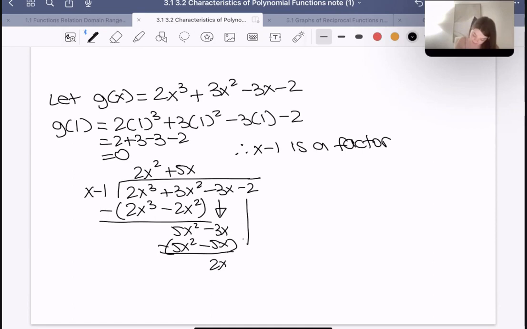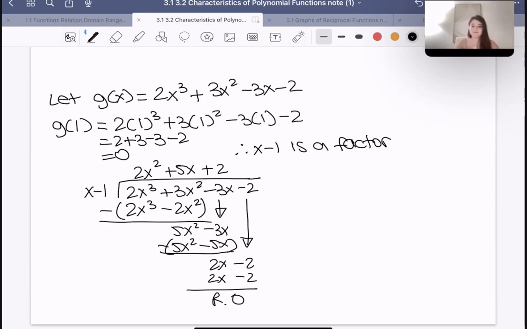And then we're going to bring down the negative 2. Now, how many times does x go into 2x? Well, 2 times, so we'll just do plus 2 there. 2 times x is 2x, and then negative 1 times 2 is negative 2. And all of this, of course, just gives us 0, remainder 0, which is good because that's consistent with what we thought before.